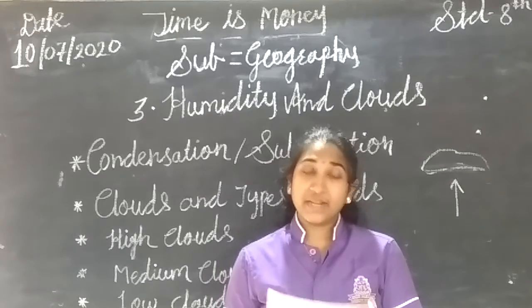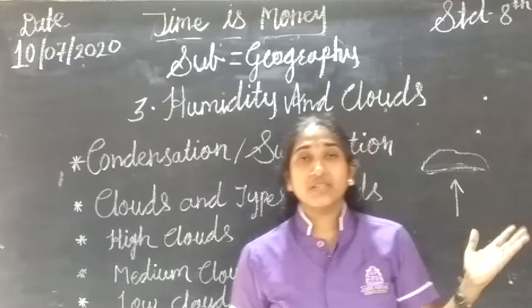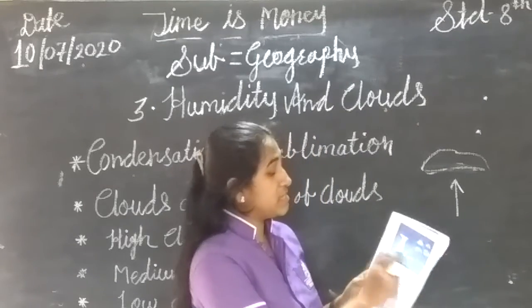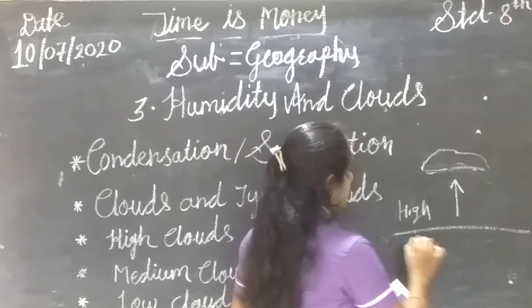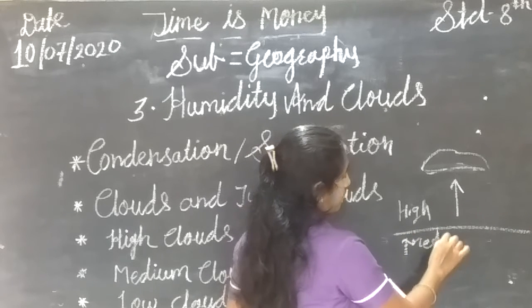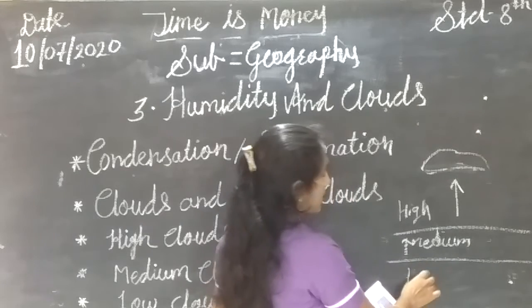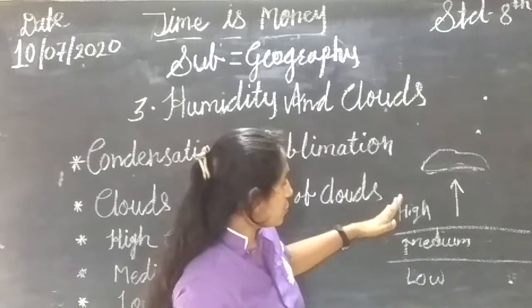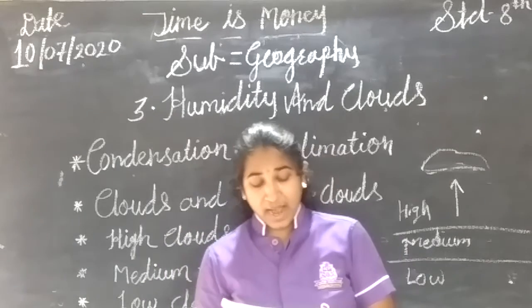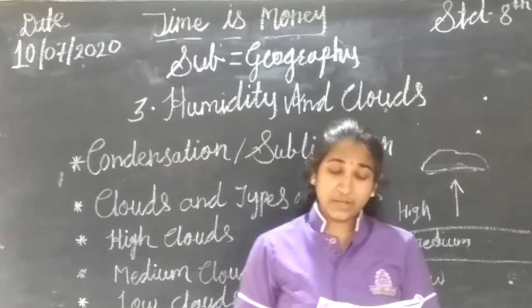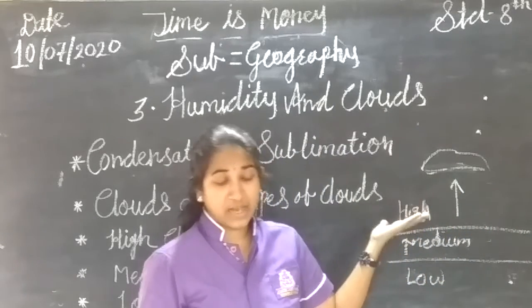After observation, we can divide these clouds into three main types on the basis of their altitude: high altitude, then medium, and then low altitude. According to this basis of altitude, the types are given. The height from the base of the clouds is taken into consideration. The height from the base is considered first.